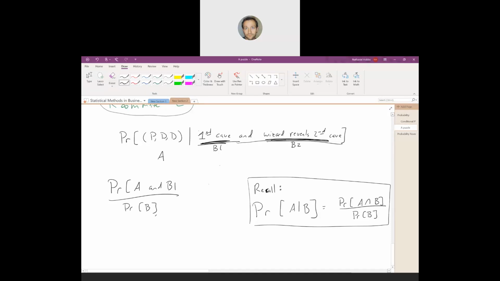It's a nice in between. Over the probability of B1 and B2.